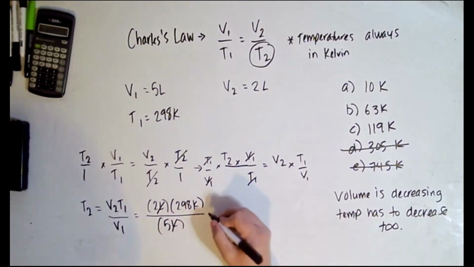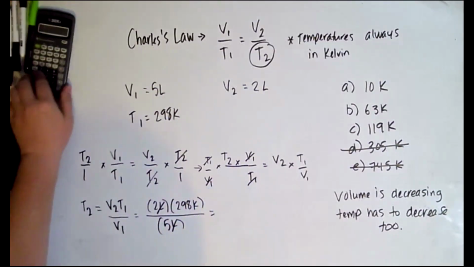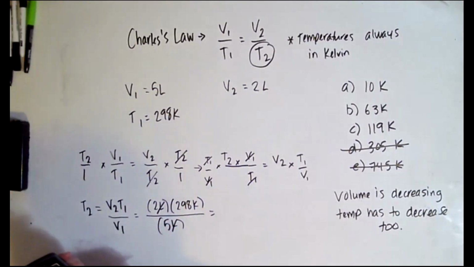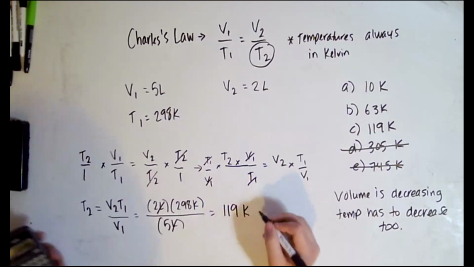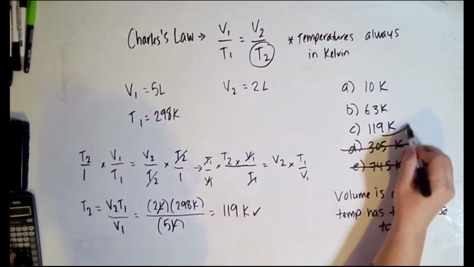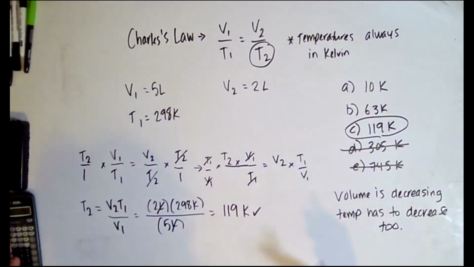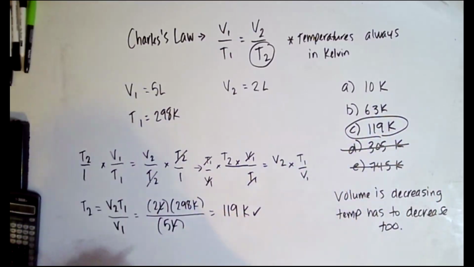Our liters unit will cancel out, and we'll be left with our Kelvin unit. And we end up with 119 Kelvin, which is one of the answer choices that we narrowed it down to.